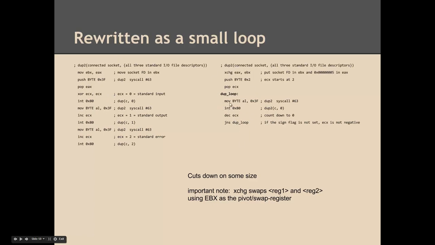So once we've entered the loop, each time we call, the system call is going to trash EAX. So we have to set that up. We call the system call, it's going to be dup2, with ECX as 2 for the first one.